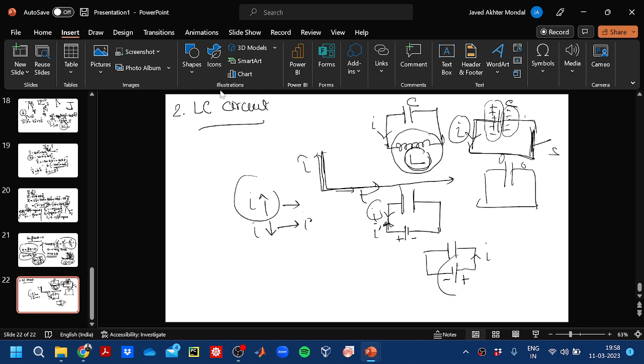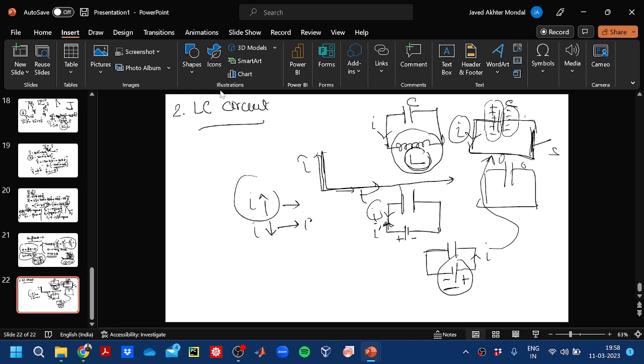It will create a back EMF in this format, so that the current flow does not stop. The inductor will make sure that there is flow of current. It will create a back EMF in this direction, and the current will flow this way. If we look in the same manner, we will see that ultimately there will be a kind of oscillatory motion.